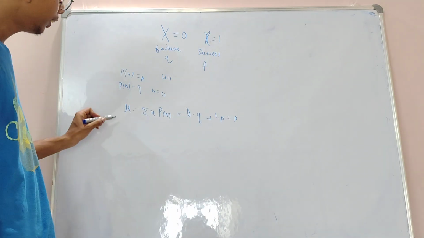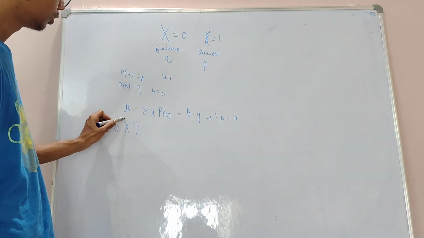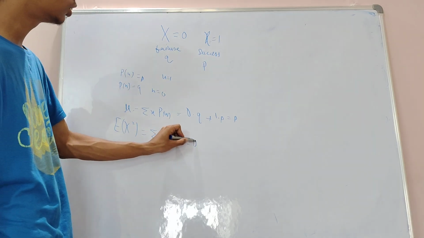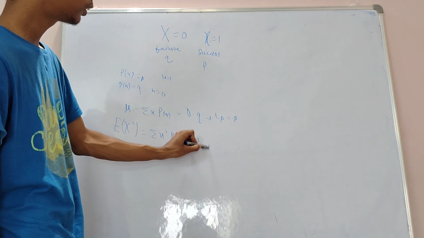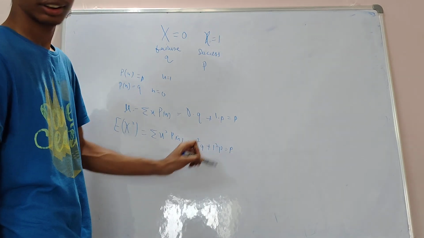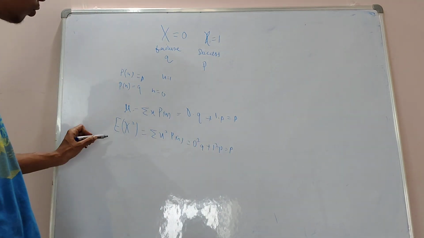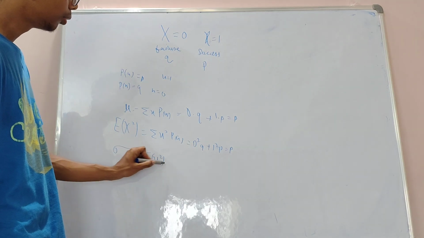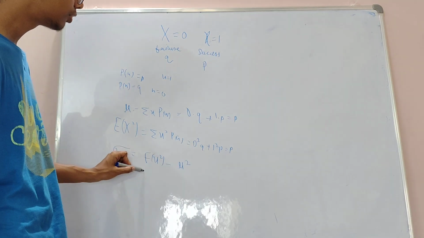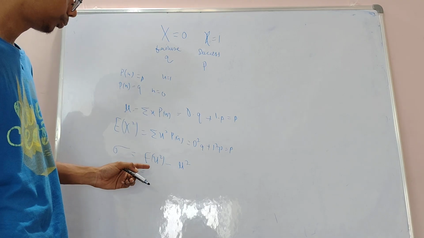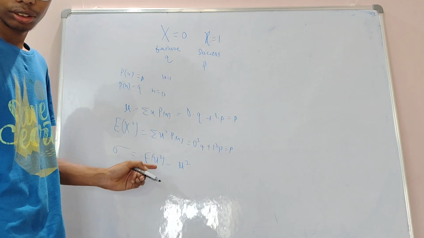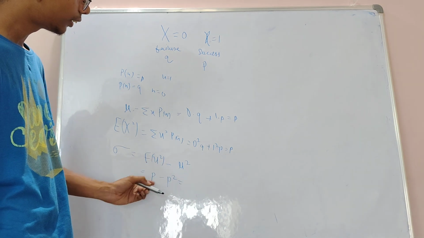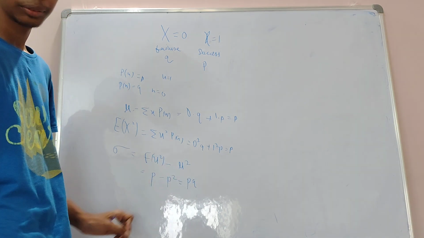And E of x square will be the summation of x square p of x, that is 0 square q plus 1 square p, which is p. Now the variance is E of x square minus mu square, which will give p minus p square, that is pq.